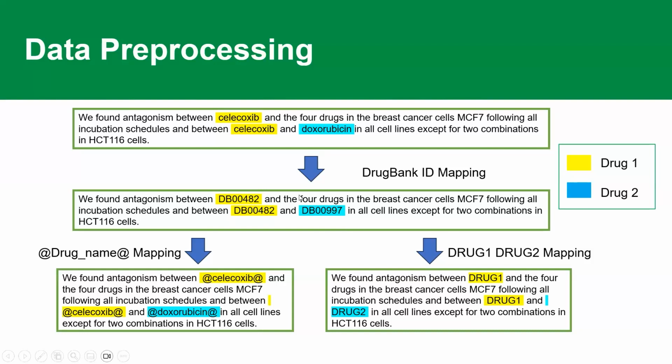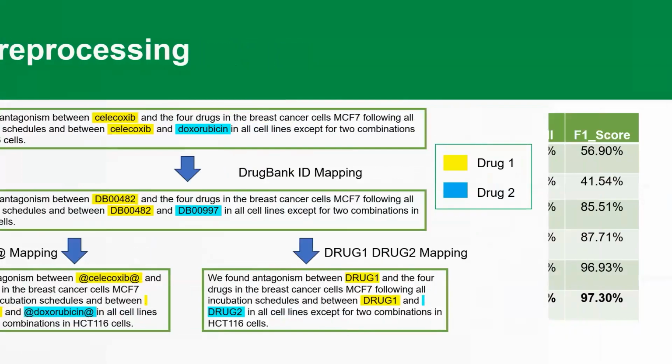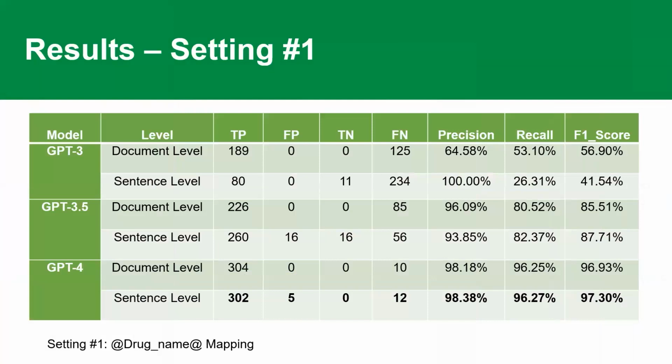And then we have applied two mappings. In this one, we have replaced the DrugBank IDs with the drug names again, but enclosed within the @. And here we replaced the drug names with drug 1 and drug 2, the hypothetical words. So this is the result for setting 1.